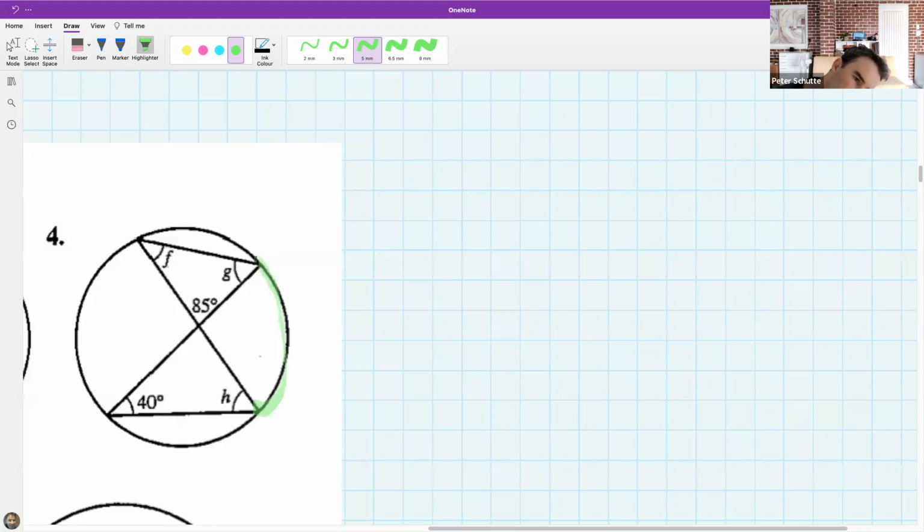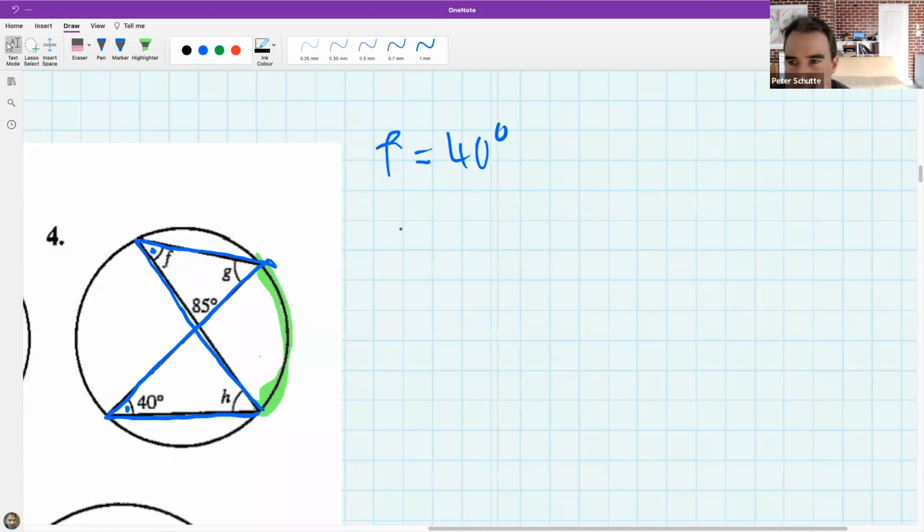So if that was my arc, then this would be the angle over here, and this would be this one over here. Yes, I agree with you. So I think that F is 40 degrees because I can see that this and this one go together. Lovely. Yes. Thank you.